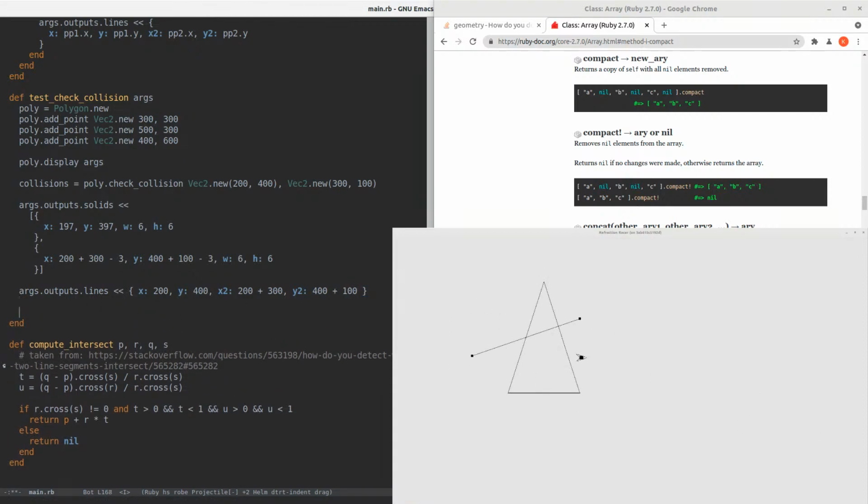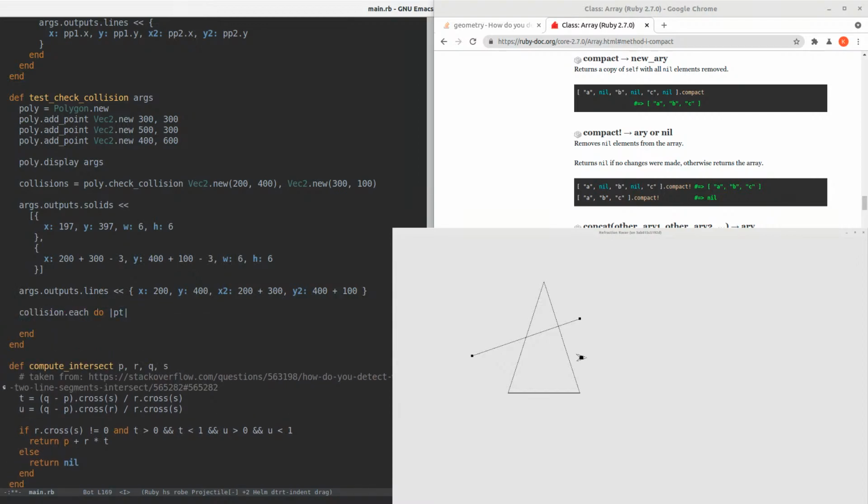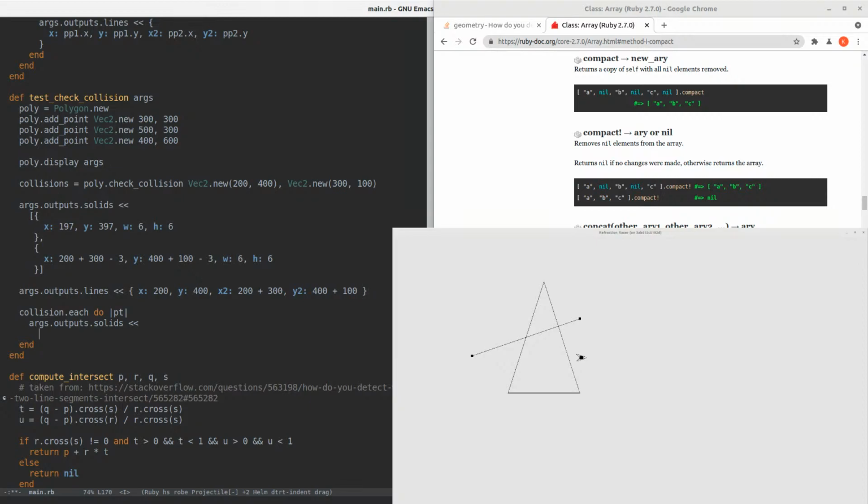And let's also get our collisions. Each do point args.outputs.solids. My least favorite one is, I think, bounds, which I always think is borders, and it just bothers me every time. Mostly because I figure I should get it by now, since I basically do render targets and just direct primitive outputs constantly rather than using sprites, which is what you're supposed to do.